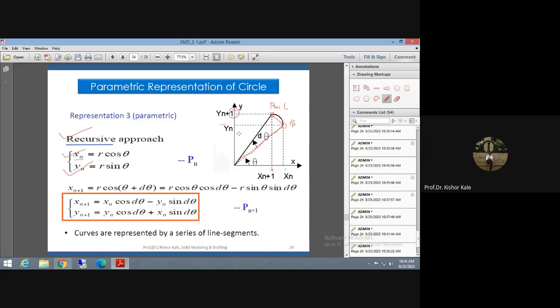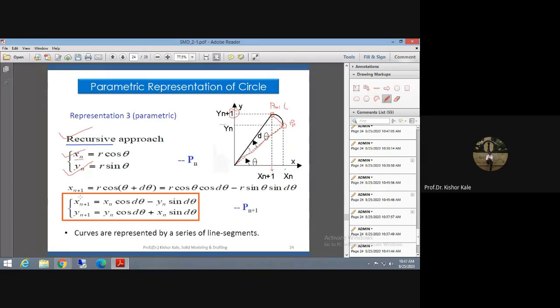But the angle made, d theta, is very very small. If the angle is very small, that means this line would be almost a straight line. Is it okay? Yes, sir.